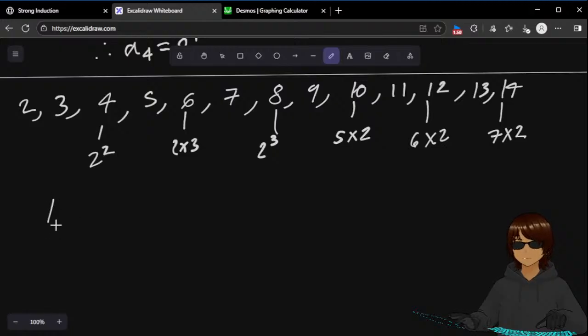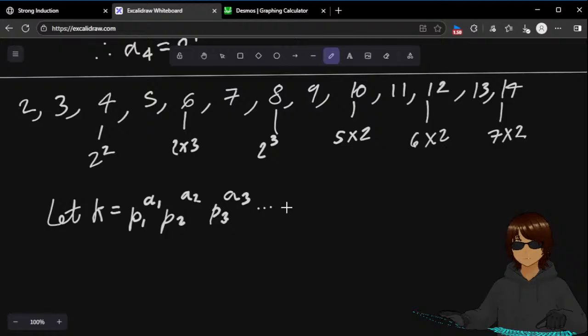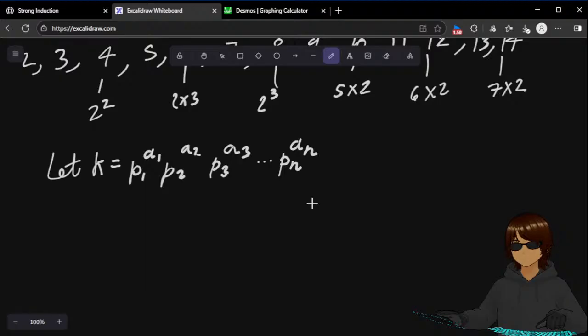And now let k be equal to p1 to the power of a1, p2 to the power of a2, p3, and then pn to the power of an. We know that this exists, right?